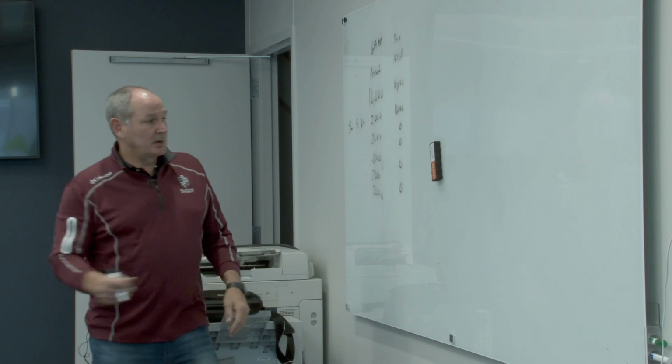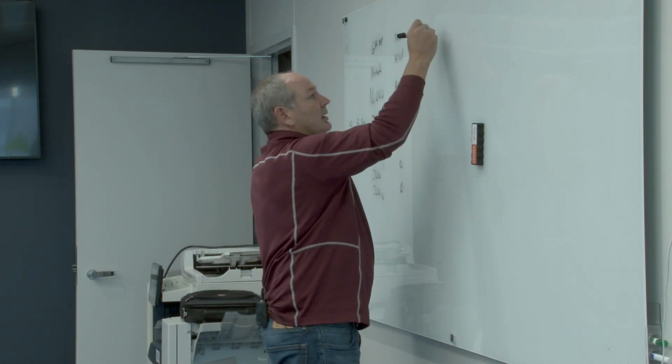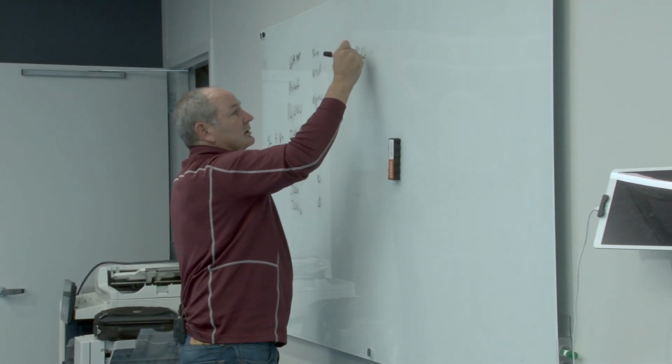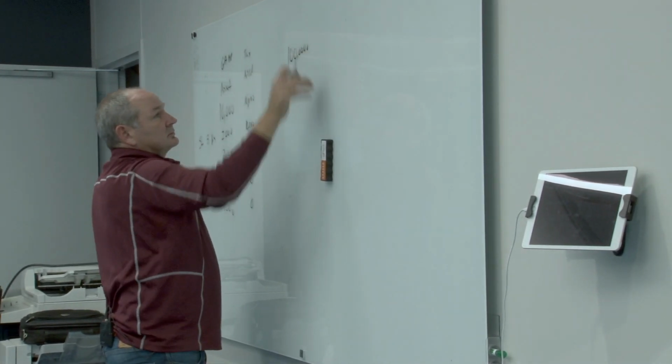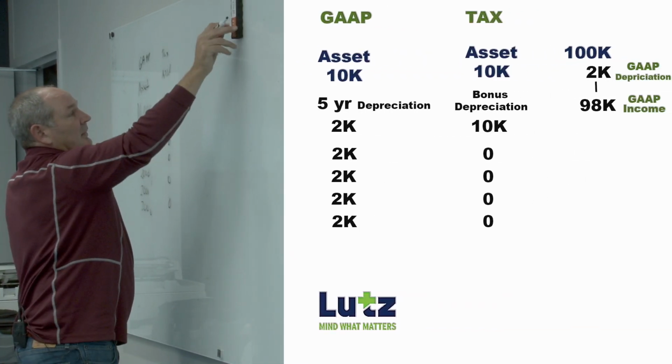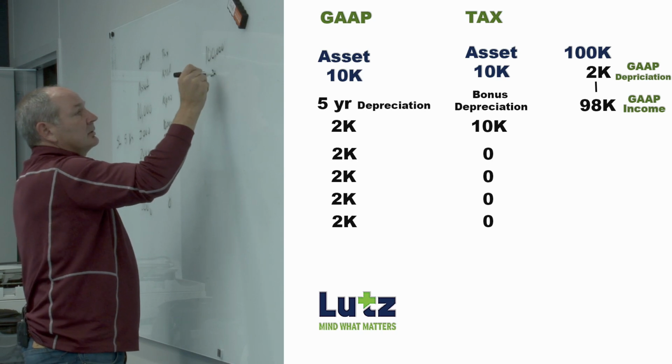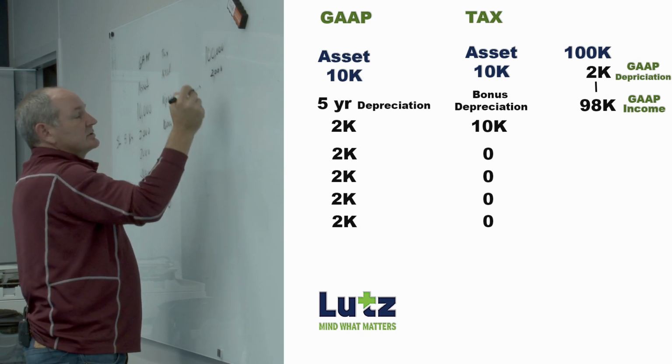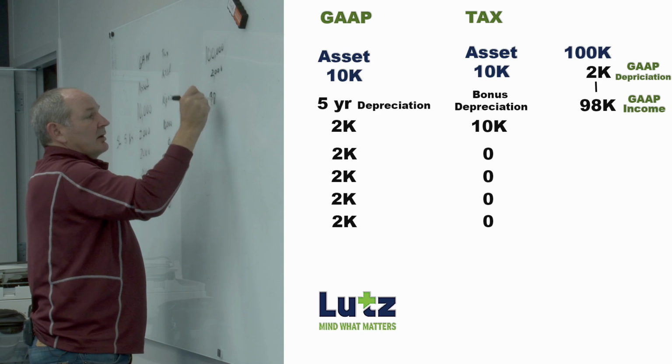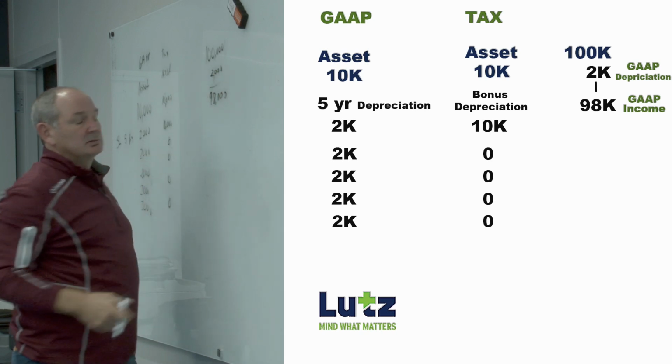Okay? So I'm going to pretend that we have $100,000 a year of income, and for GAAP, we have $2,000 of depreciation, and we have $98,000 of GAAP income.